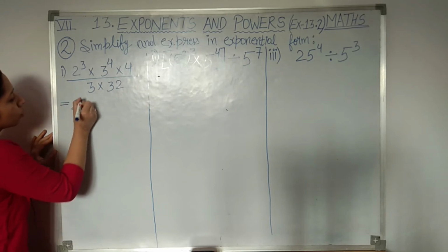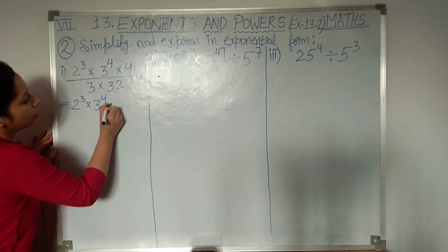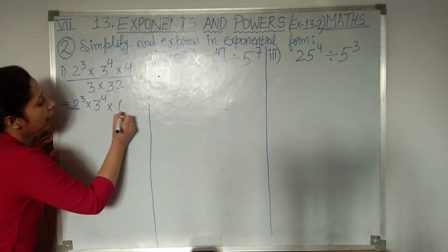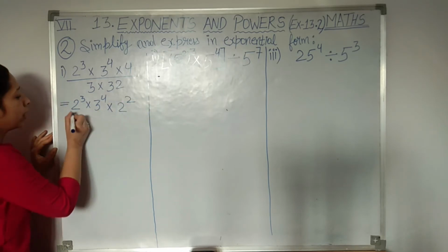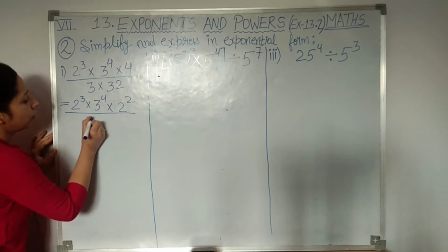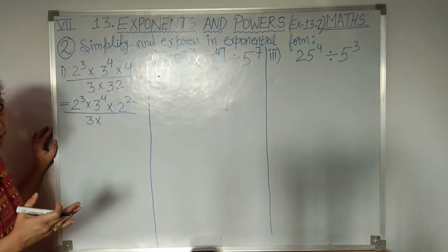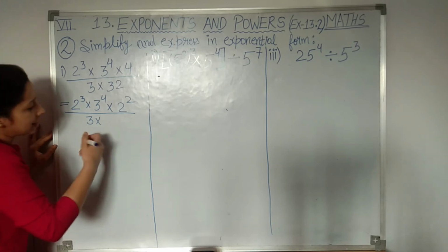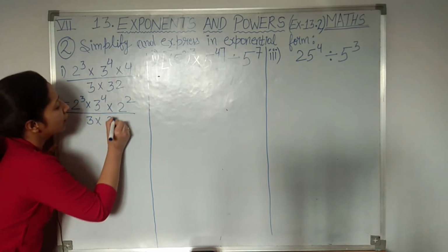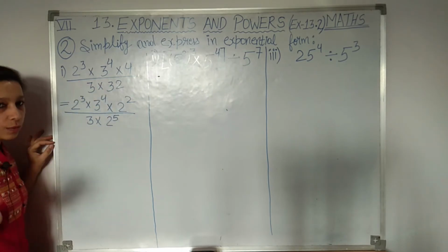So students, 2 raised to 3 will be as it is into 3 raised to 4 into 4, I can write it as 2 raised to the power 2, divided by 3 into, for 32 you can take the LCM and get the product of powers of its prime factors. As I know that 2 raised to the power 5 is 32, so simply here I am writing 2 raised to the power 5, which is equal to 32 only.